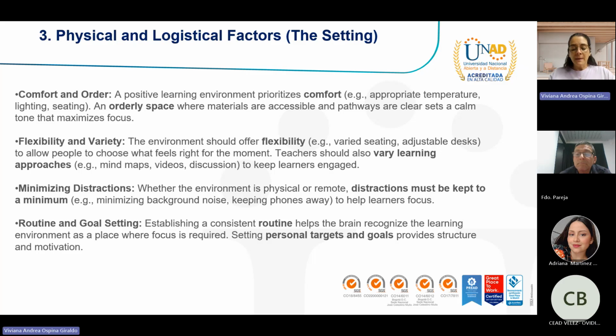One of the things that they mentioned in the video was that routine helps the brain to recognize learning. So if our brain recognizes that, okay, I am sitting here to learn, I have more possibilities to develop my abilities. Since we need to maximize the possibilities for the students, we should establish a consistent routine where the student knows that the teacher will do this and then that.